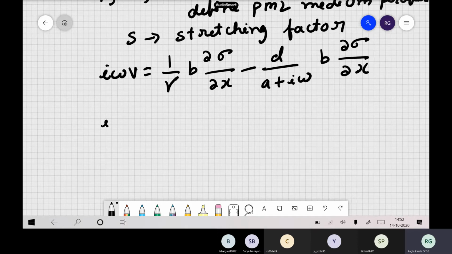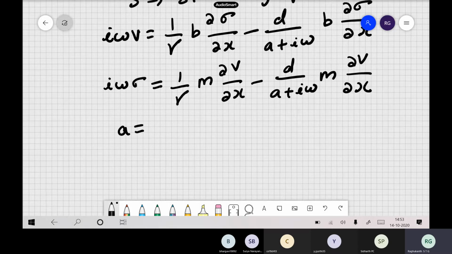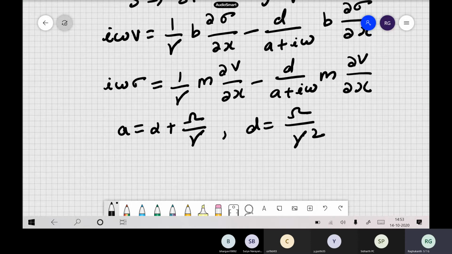The other equation says iω times σ equals 1/γ times m ∂v/∂x minus d/(a + iω) times m ∂v/∂x. So these are our new equations, where a is α plus ω/γ, and d is some γ by ω/γ squared. Okay, so these are our equations.